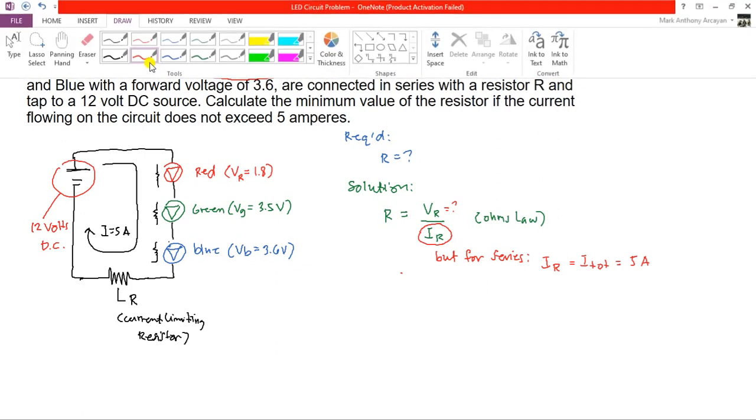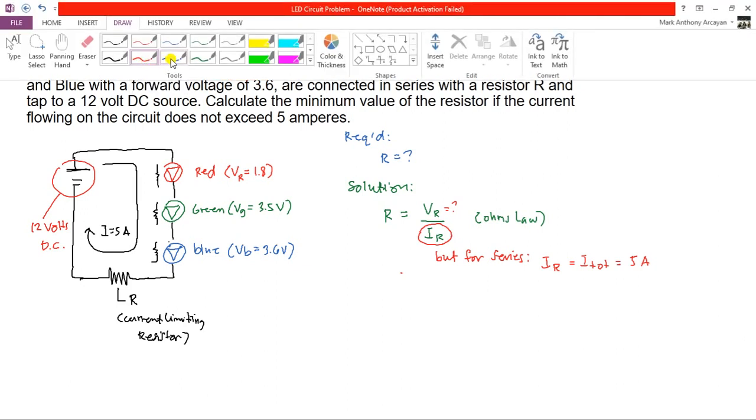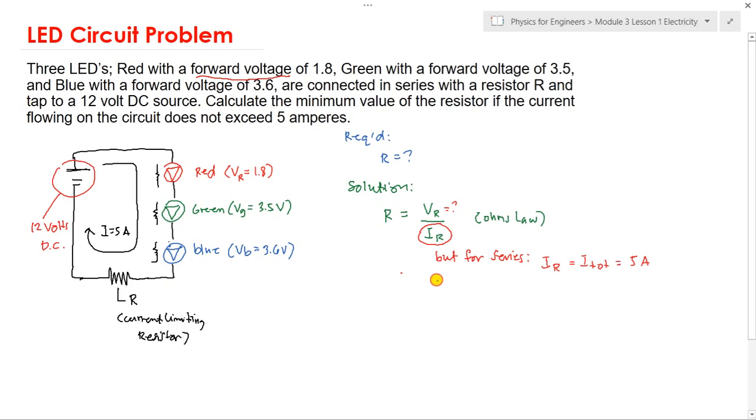What we need to do is, okay, in a series circuit, we all know that the total voltage, that is V total, is also the voltage at our power source. Here it is 12 volts DC.